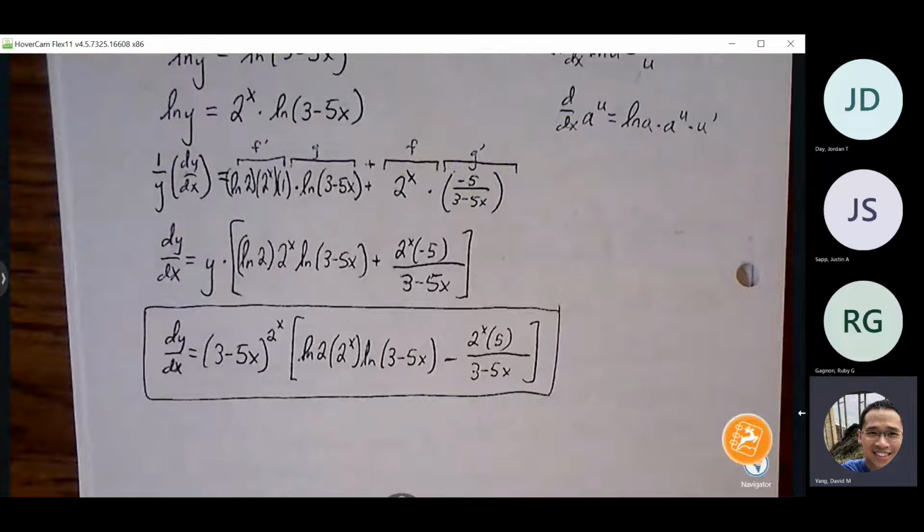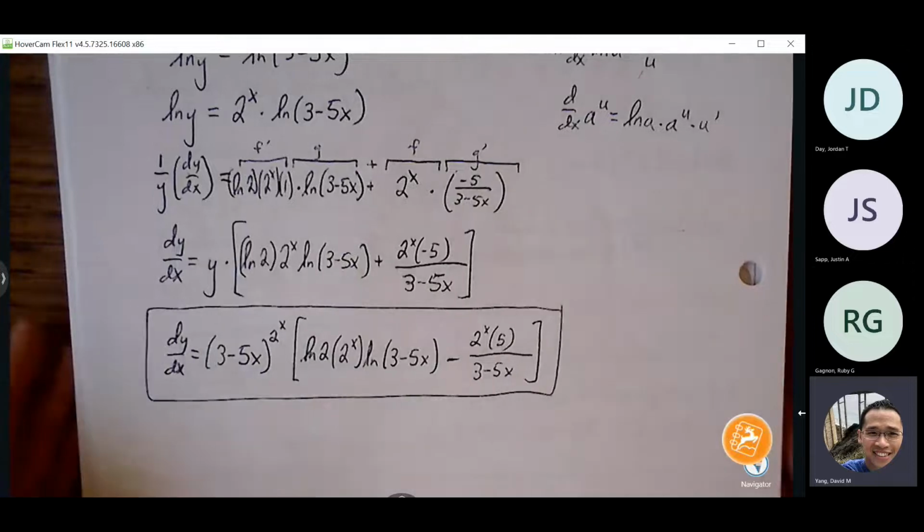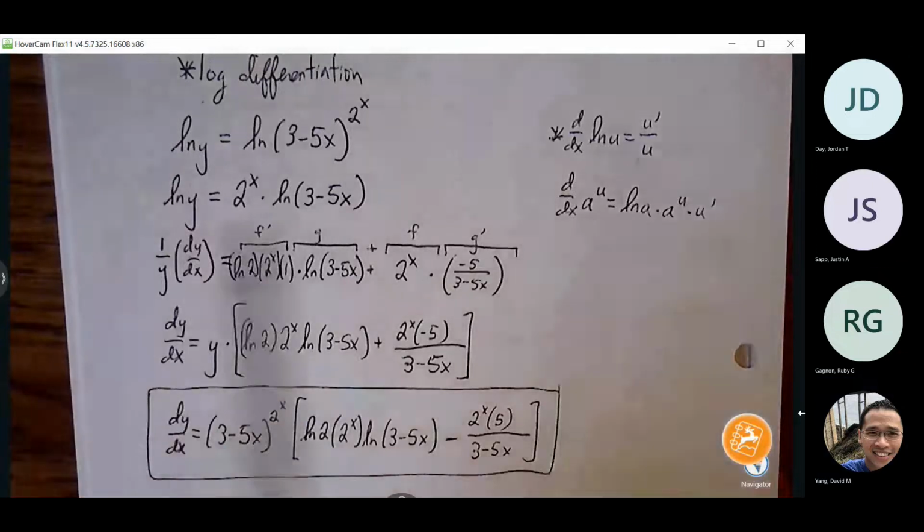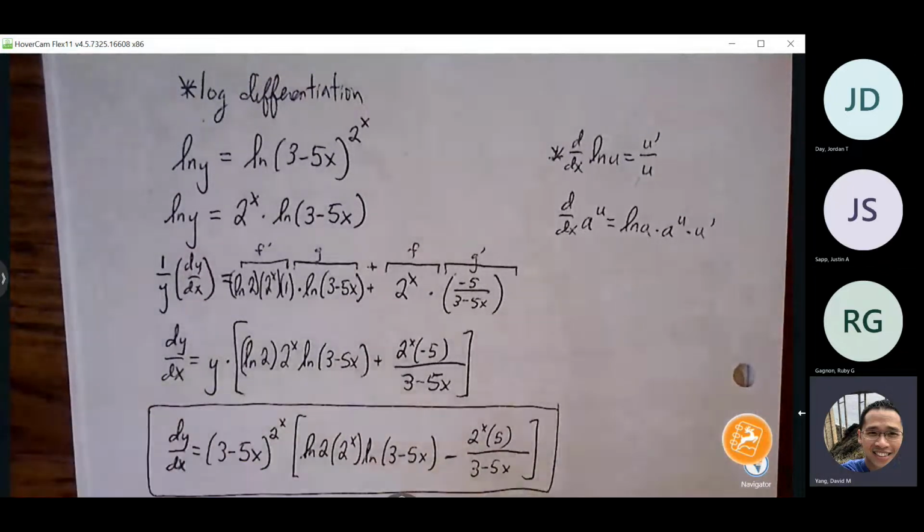If you know your first step and you know that you've got to do product rule, it shouldn't be difficult. Your answer looks messy, but the process is not too bad. The important thing is recognizing the need for log differentiation. I think that's the hard part.